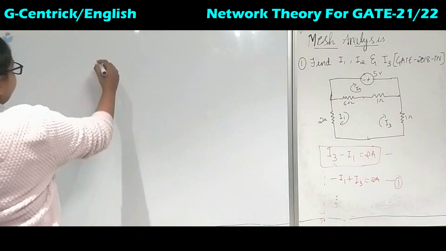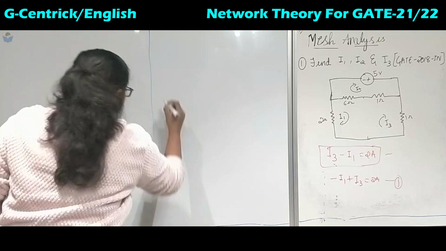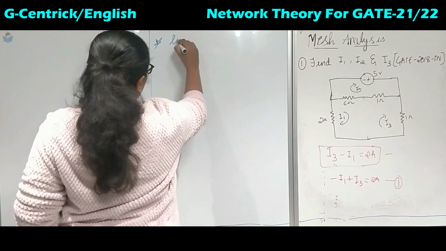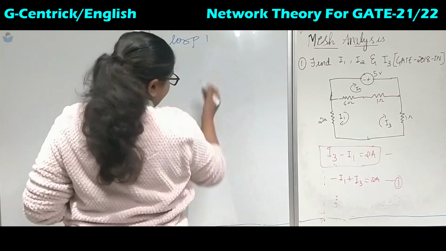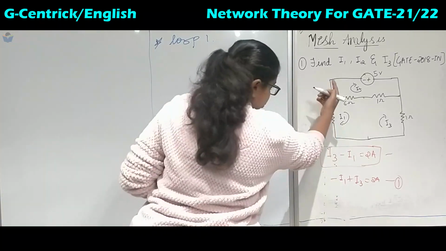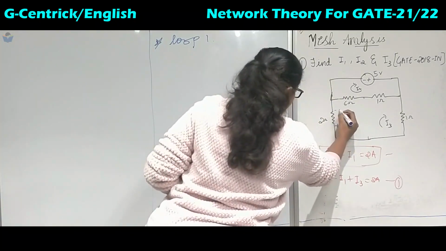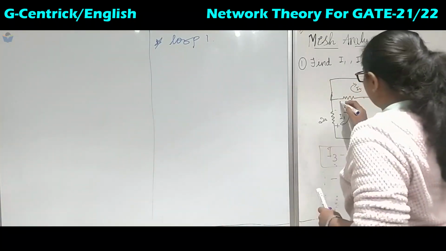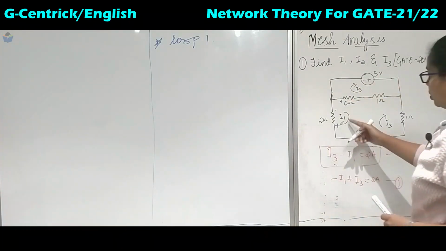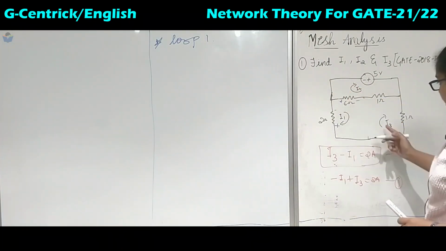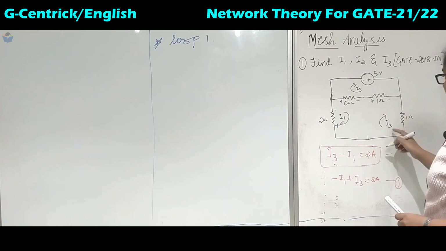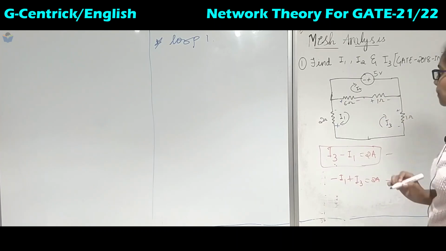If the direction of the current is in this way, this will become plus and minus, because I1 is dominating in this loop and in this loop I3 is dominating.